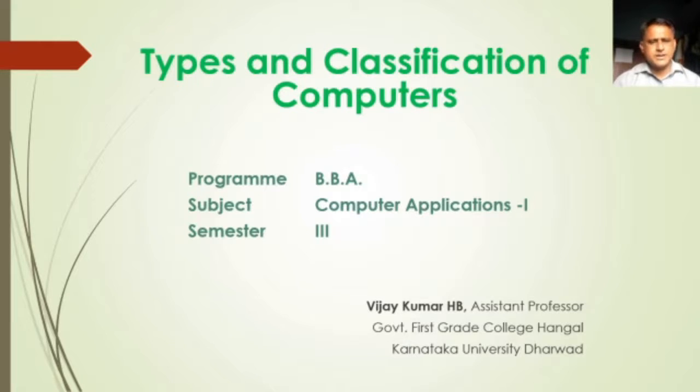Generation 1, 2, 3, 4 and 5. In the first generation, the major component used in the construction of the electronic circuit was the vacuum tubes.